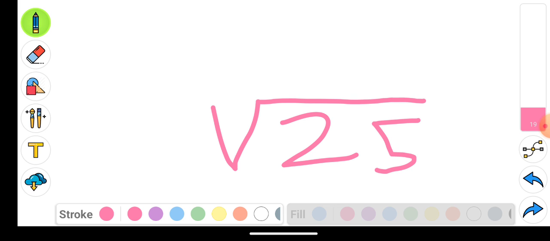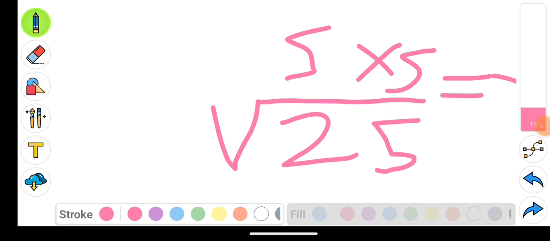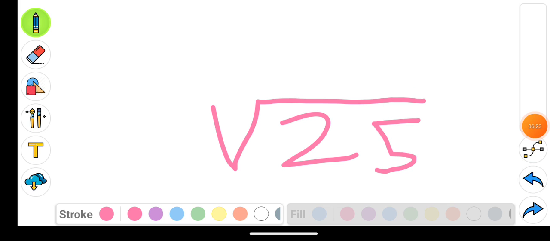Now, I'm going to press pause and have a go. The answer is 5 because 5 times 5 is 25, and this is basically reverse squaring.